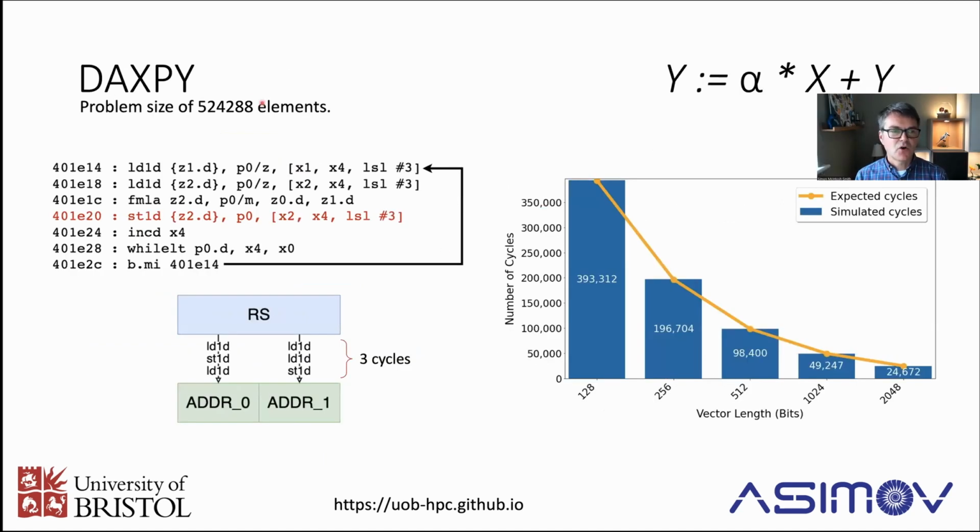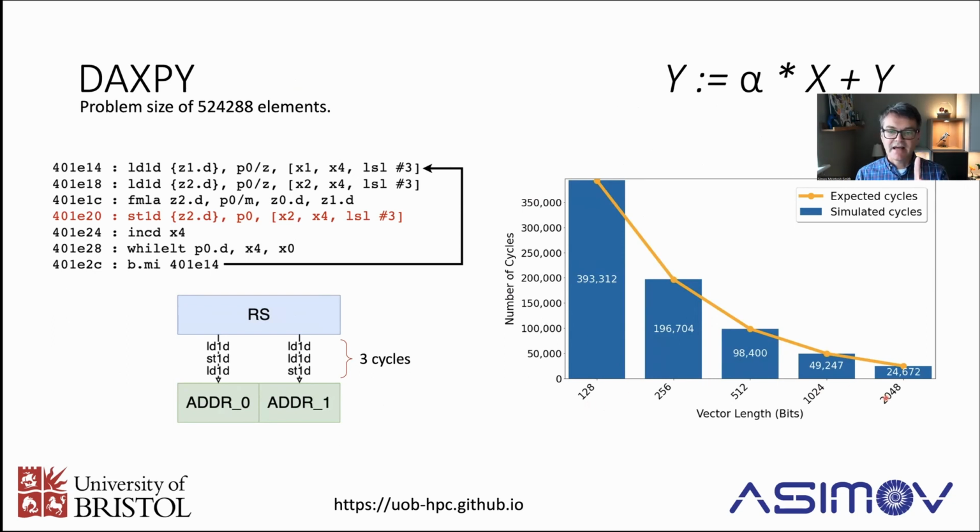Then he looked at some common kernels from linear algebra, so from BLAS. So DAXPY is one of the L1 BLAS routines, and here's the core loop from DAXPY. Turns out that was going to take 3 cycles, and what we have is simulated results as we increase the vector width.